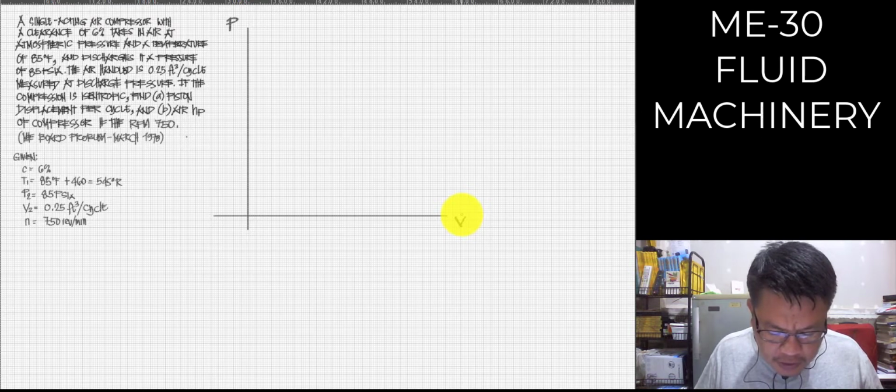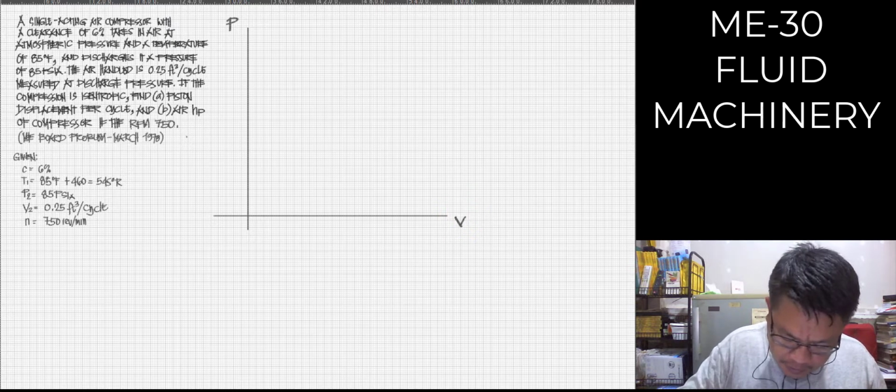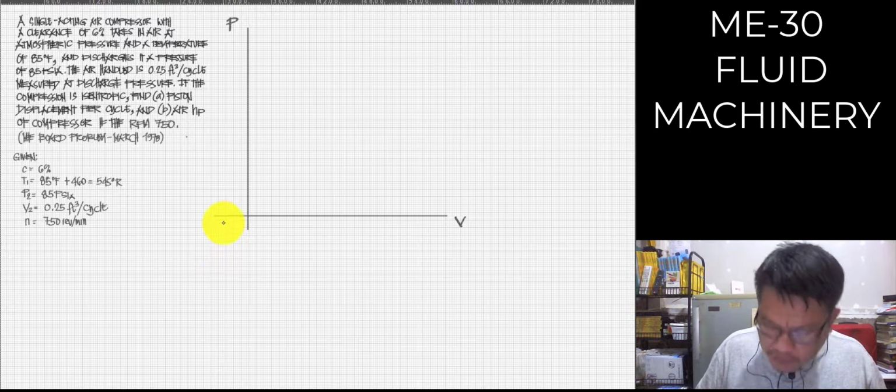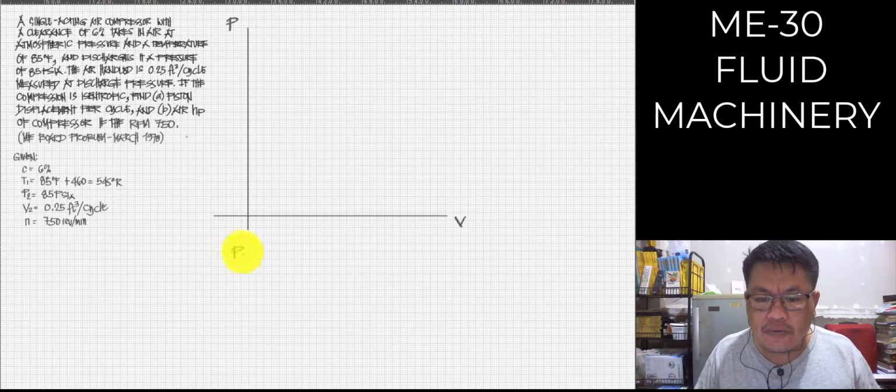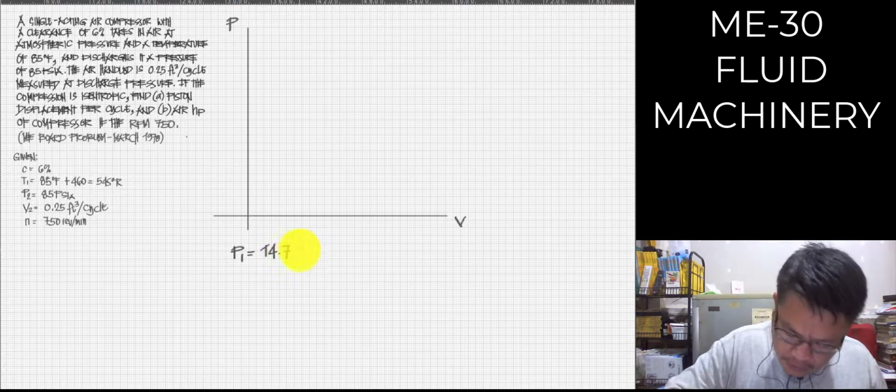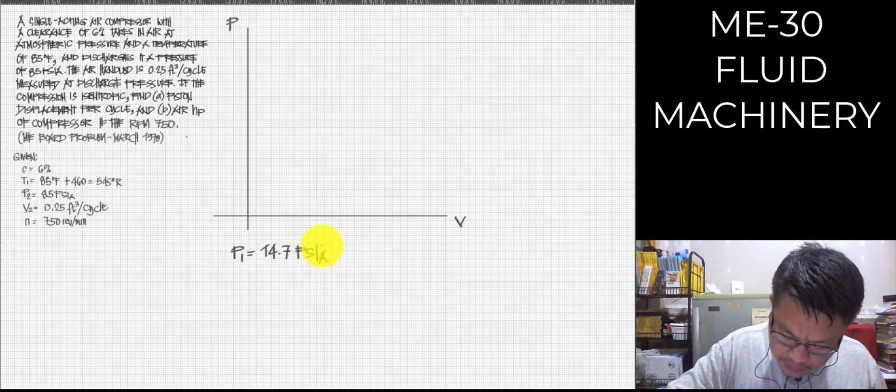You will notice that the problem states an atmospheric pressure, so we can say pressure 1 is 14.7 psi absolute, which stands for atmospheric pressure.